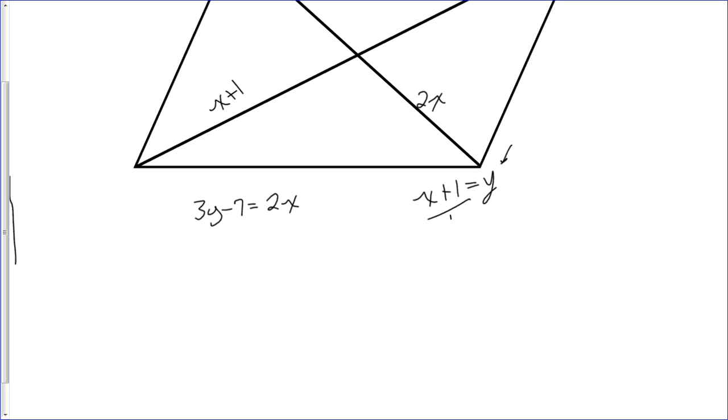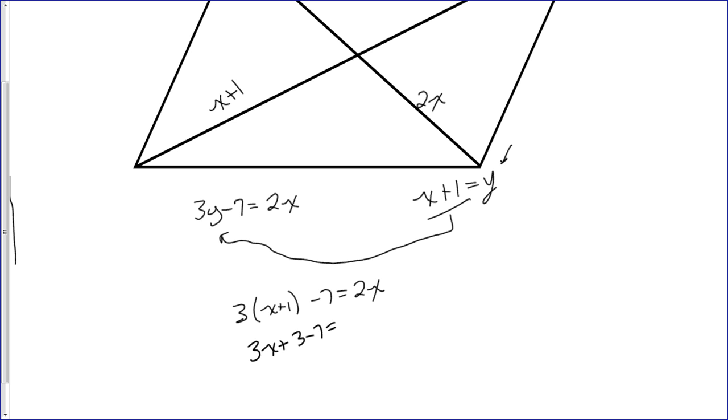So what we can do is take this x plus 1 and substitute it in for the y. Our new equation is 3 times x plus 1, minus 7, equals 2x. Now we only have x's, so we can solve the equation. 3x plus 3 minus 7 equals 2x.